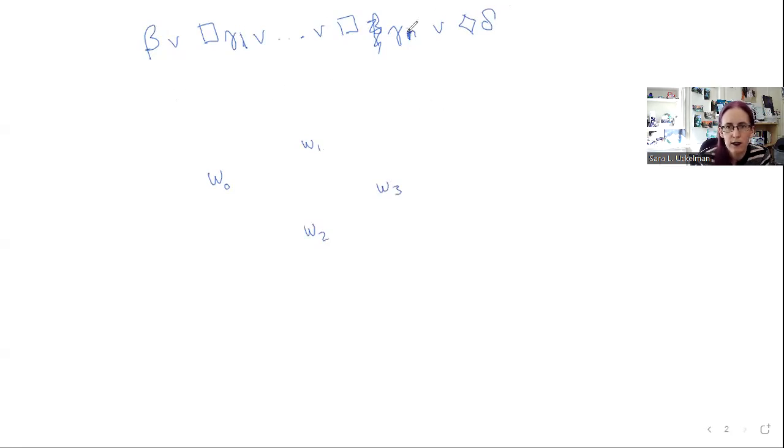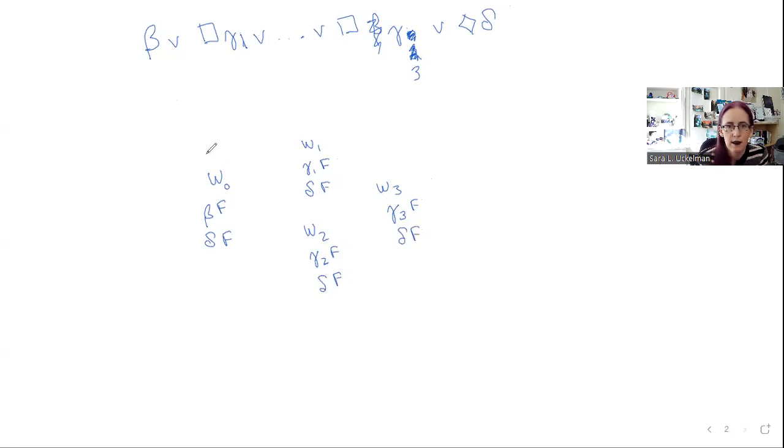Let's suppose, just for the sake of making it easier, that we've got 3 of these. So then we make beta false here, gamma 1 false here, gamma 2 false here, gamma 3 false here, and we make delta false, delta false, delta false, delta false.